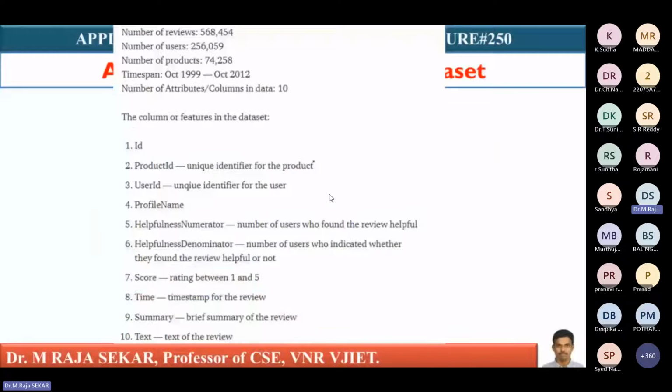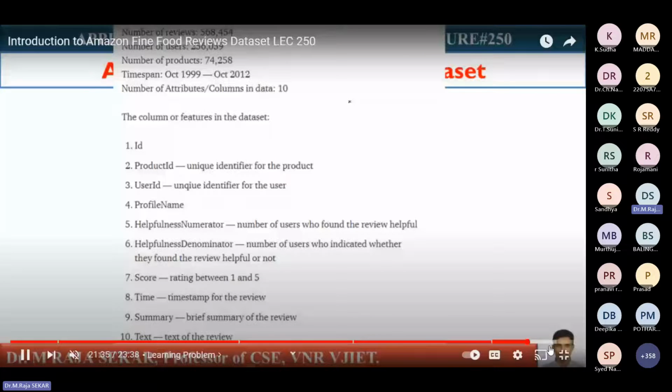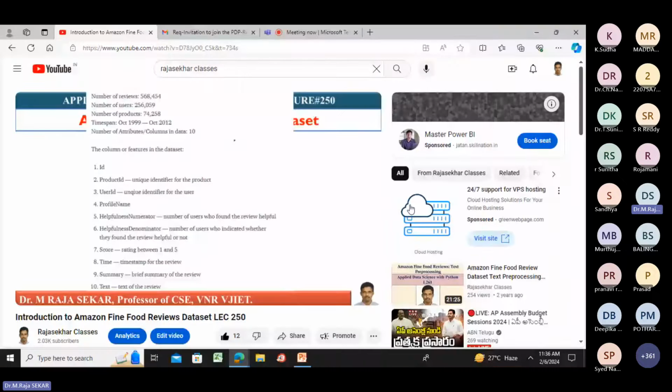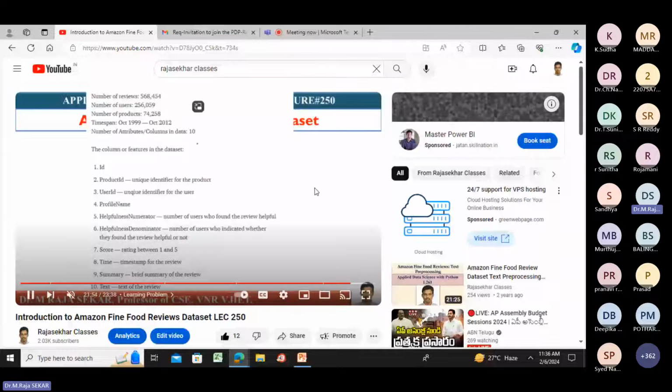Once you have that clarity, understanding things is simple and straightforward. Once you understand this particular data set, we will try to understand the k nearest neighborhood algorithm and how it is useful for understanding different techniques.